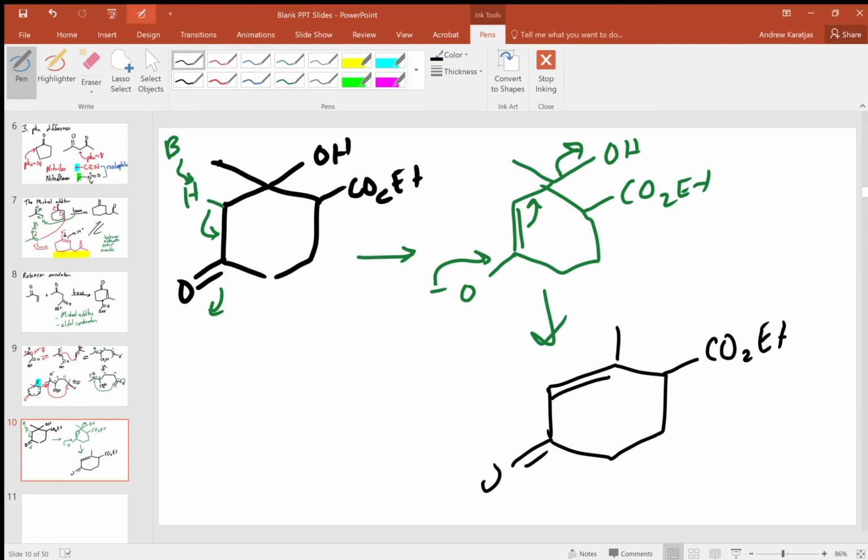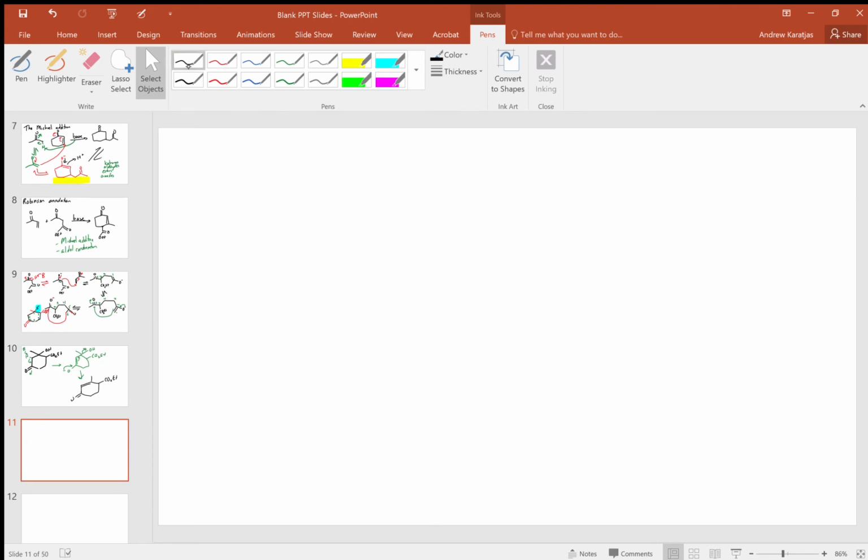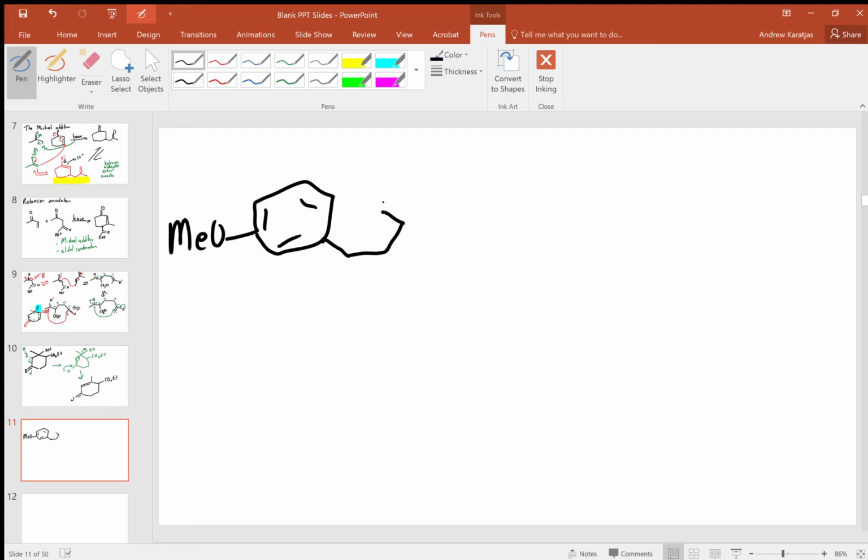And so let's look at one other example of this. And again, it's going to demonstrate just how useful and just what this reaction can do. So we start with this compound. This is clearly going to be our electrophile for the Michael addition.